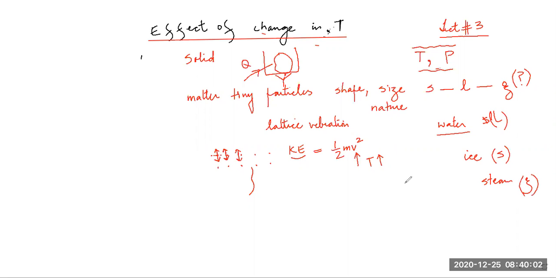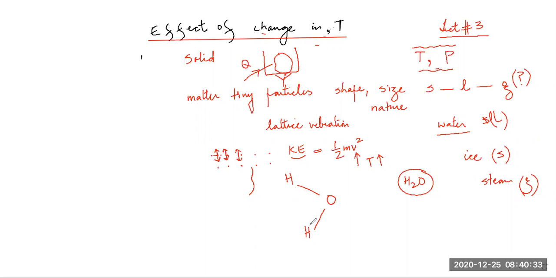Every molecule, the most fundamental particle of water, is H2O. This is the chemical formula. What is the meaning of H2O? That means every oxygen atom in the molecule of water is bonded to two hydrogen atoms.